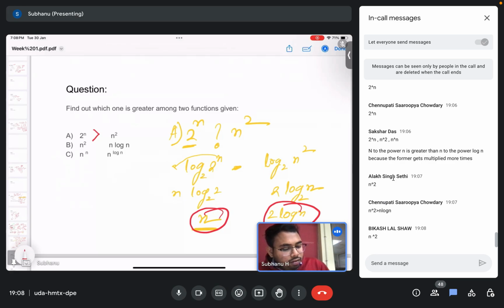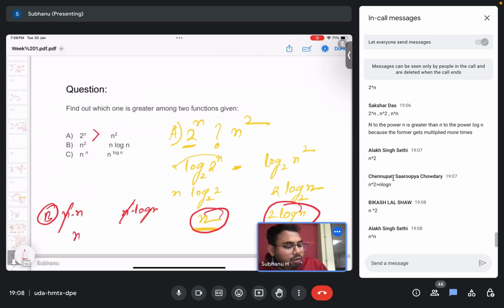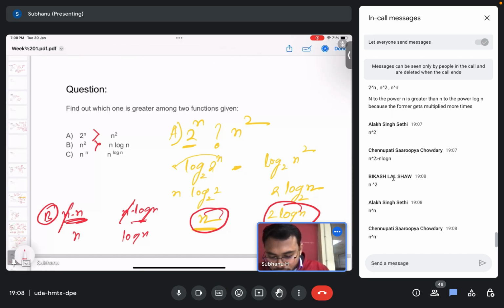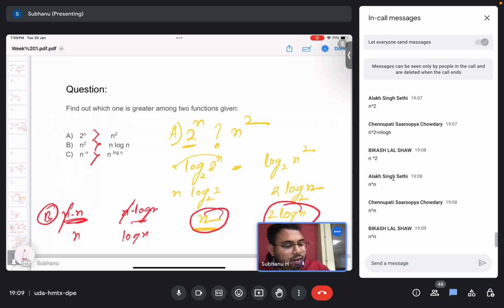So you can see that n into n and n log n. Okay, for the second one, for B, between n and log n, n square will always be the bigger one. For n to the power n and n to the power log n, here n to the power n will be bigger.